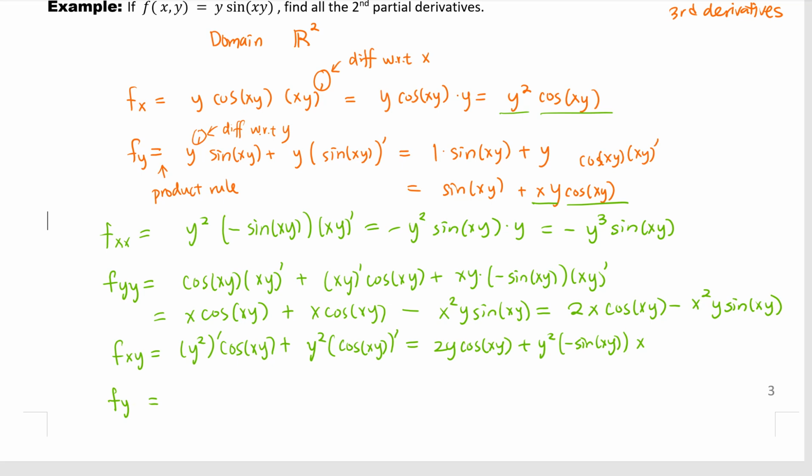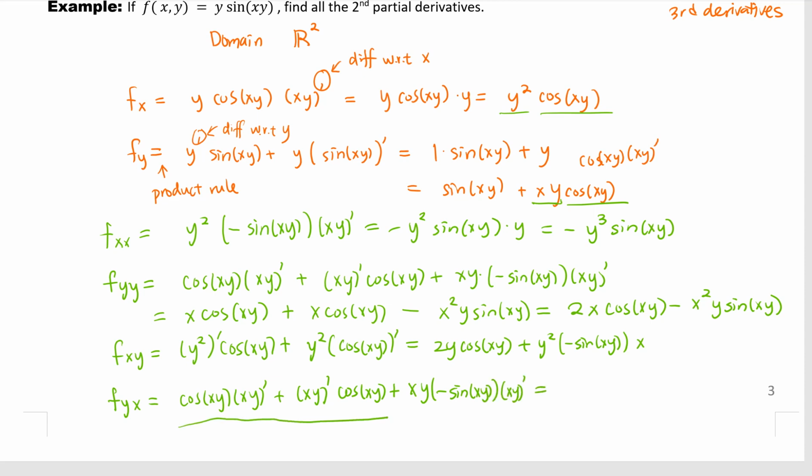Then fyx: we take the derivative of fy with respect to x. The derivative of sine xy is cosine xy times (xy)'. Then for the xy, because there is a product, we also need the product rule, which is (xy)' cosine xy plus xy times the derivative of cosine, minus sine xy times (xy)'.